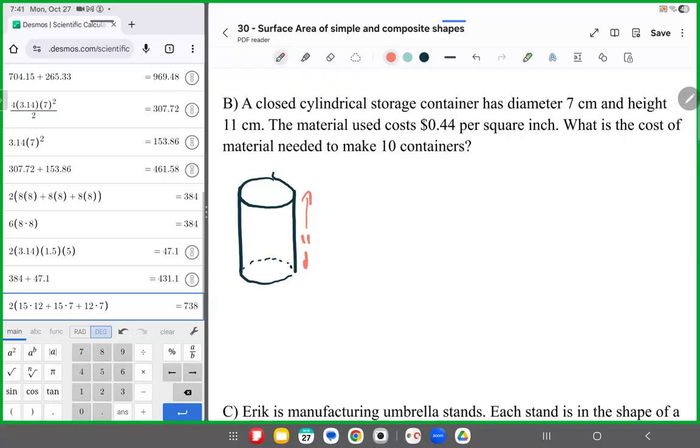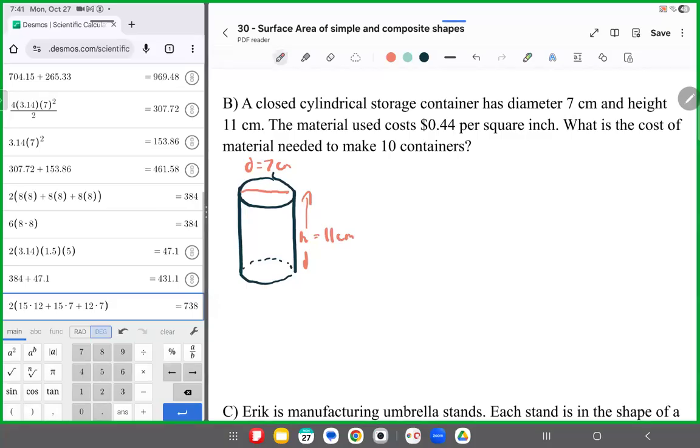So diameter happens to be all the way across. So we have D equals 7 centimeters and the height equal to 11 centimeters.